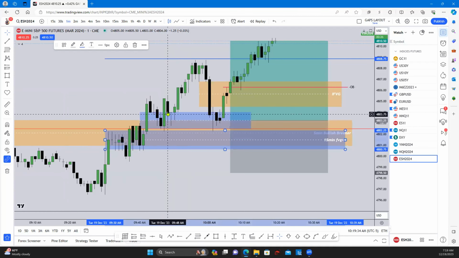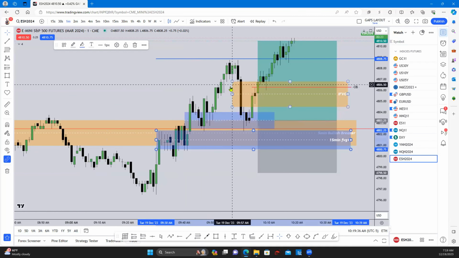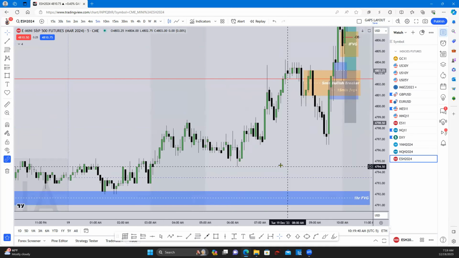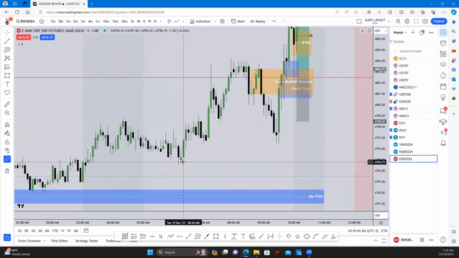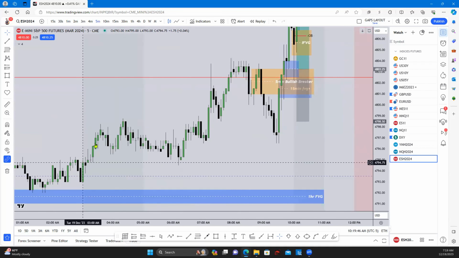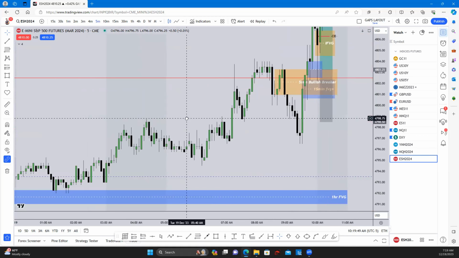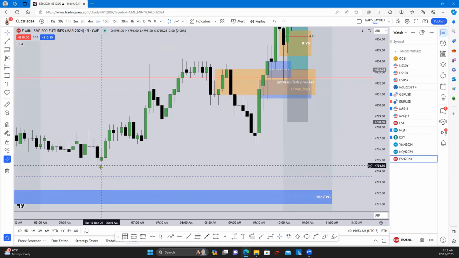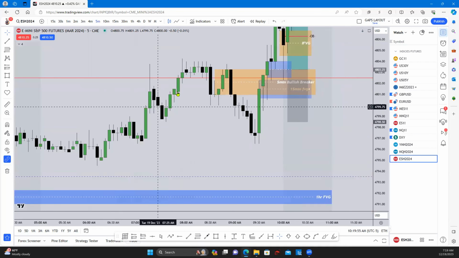Now, how do you know where it is going to go, right? Well, we can use the 5-minute a little bit here and try to range. So try to guess the range, right? So if we don't look at London, we pretend London's not really there. Where was the last little down move before we started this big up structure?